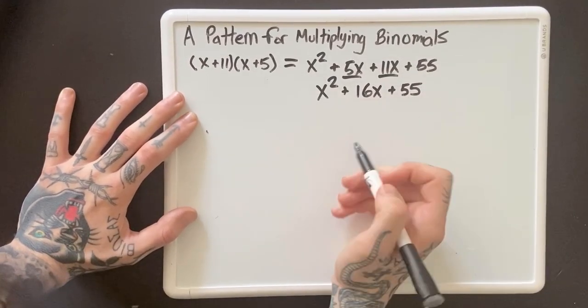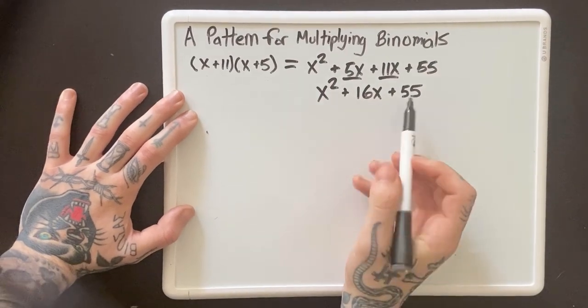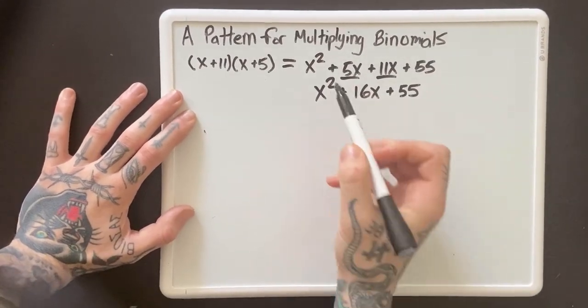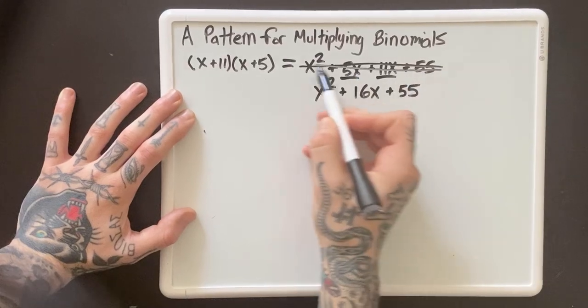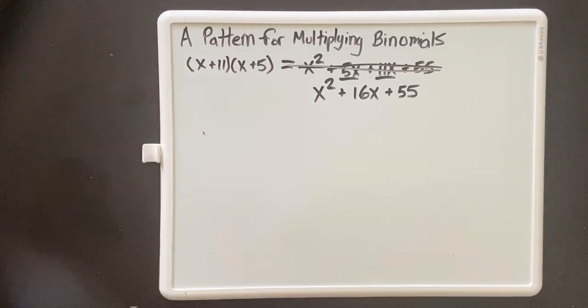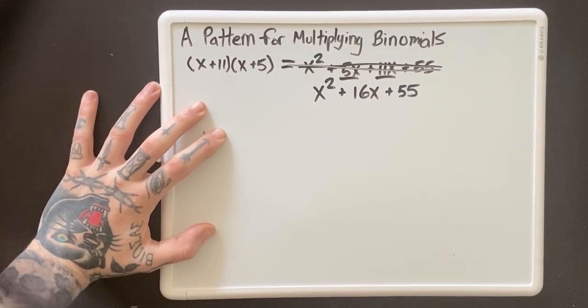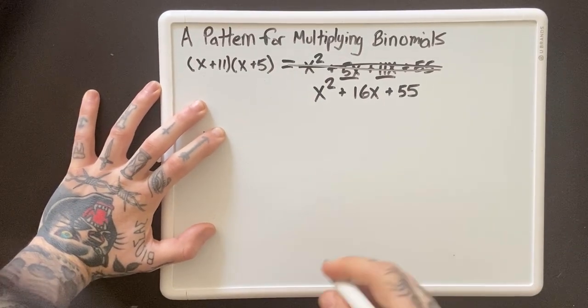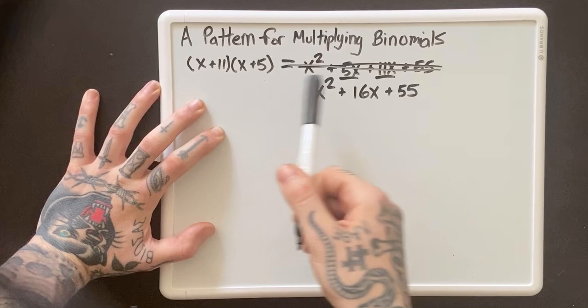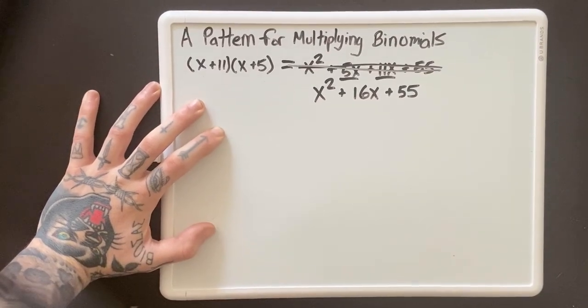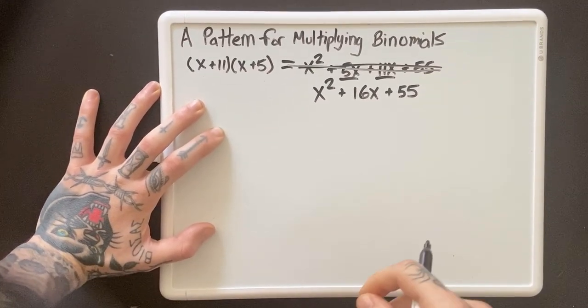But we now only want to look at just the final result. So I'm going to cross this out. Now let's look at this result. What can we say about parts of the result that are related to the numbers we see in our binomials?